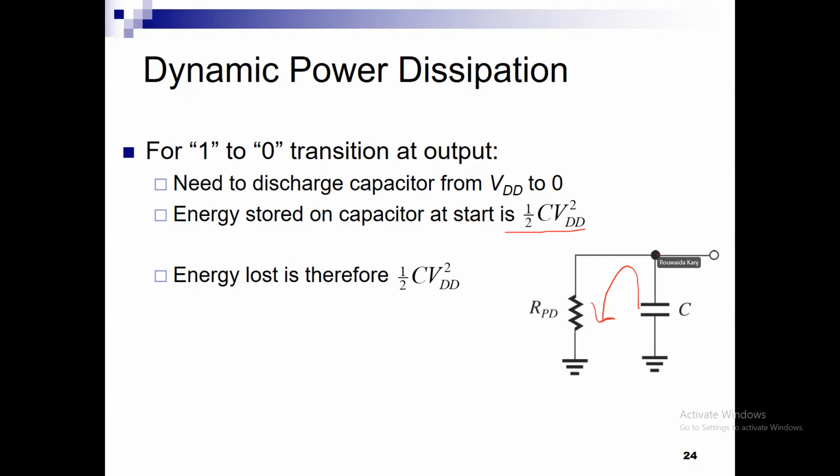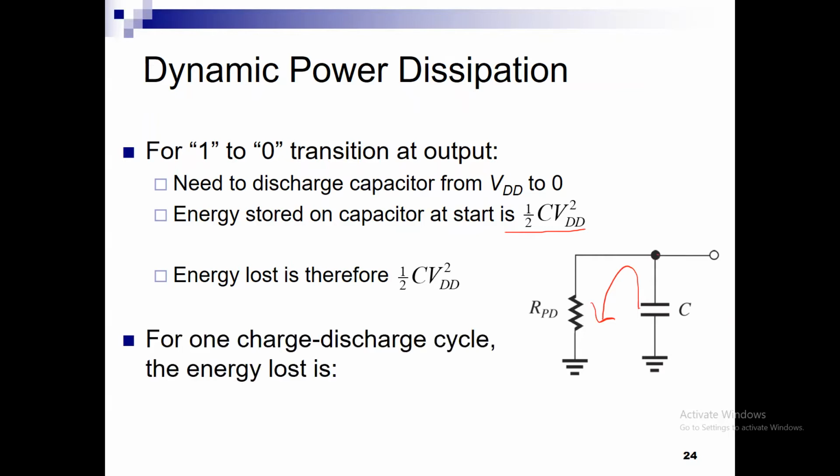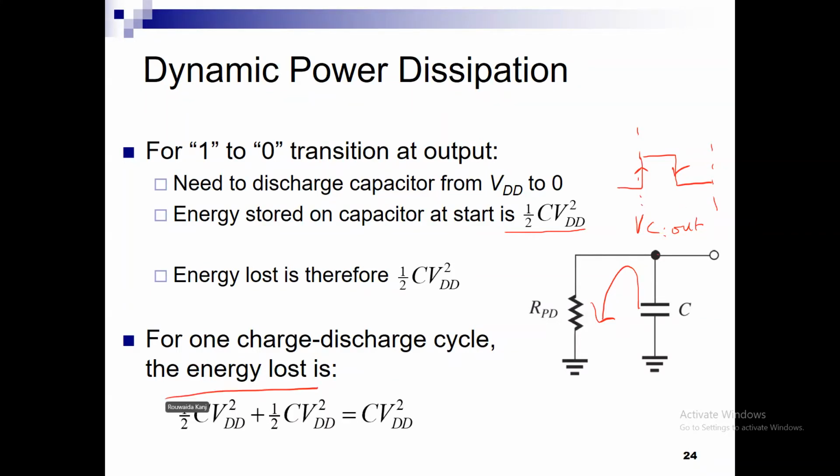We will have no longer any charge or any energy stored. So for one charge discharge cycle, if this is VC or V out, I have one charge and then one discharge. For one charge discharge cycle, the total energy lost is equal to CVDD squared because it is really the sum of the two energies that were dissipated in the charging and in the discharging.